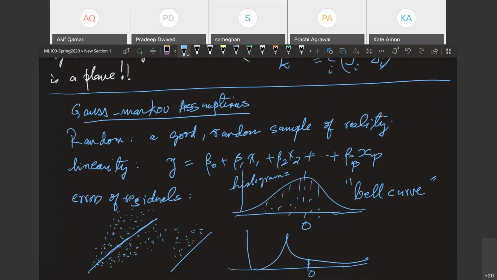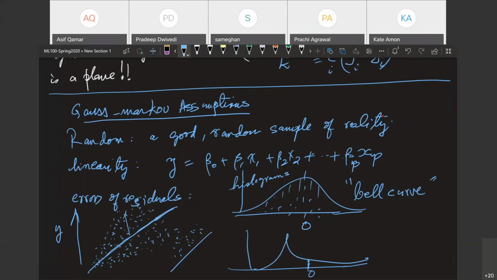Do you see something weird happening with this data? What will happen is, as y rises in this, you will realize that the residuals become bigger and bigger, right?